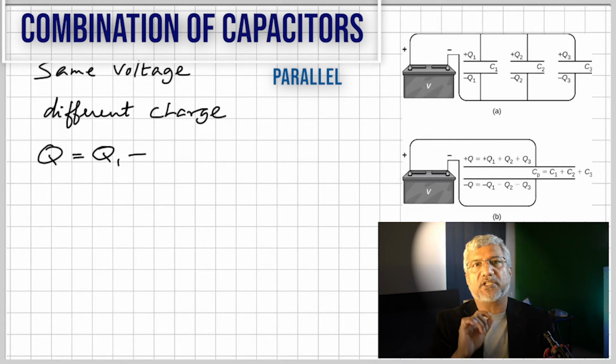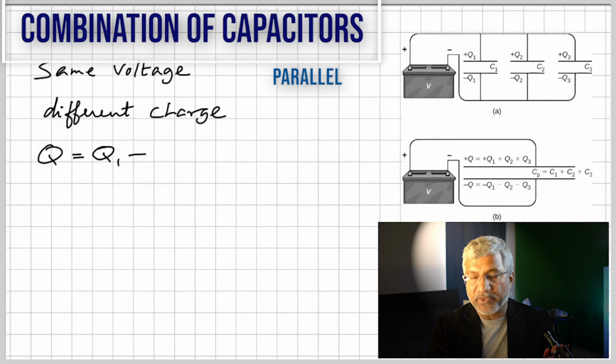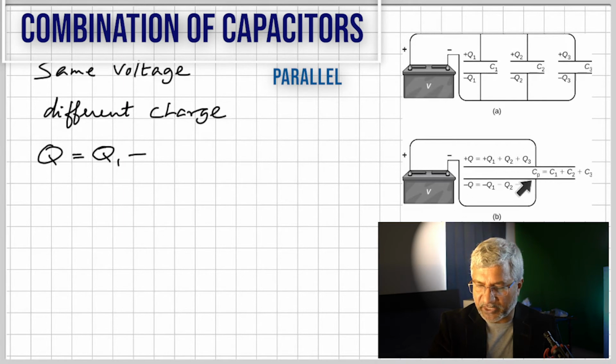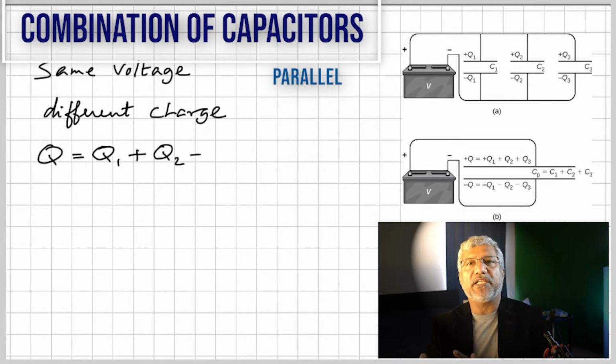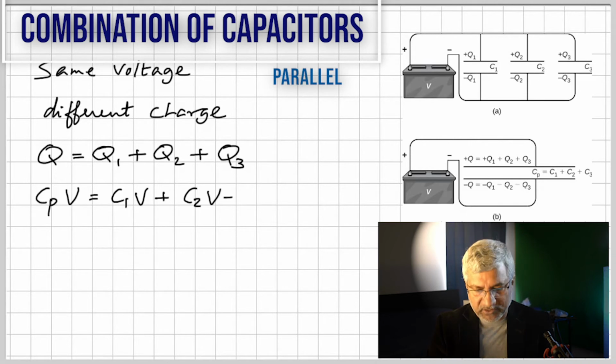So that's the difference. The voltage will be the same, but the charges will be different. The total charge on an equivalent capacitance, a single capacitance, should be the sum of the individual charges. And Q is nothing but what? The product of capacitance and voltage.